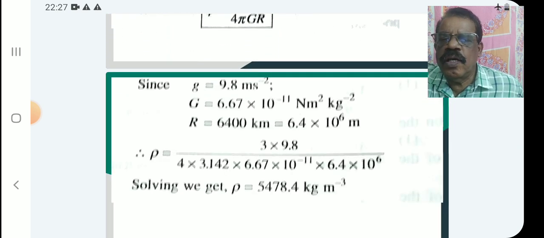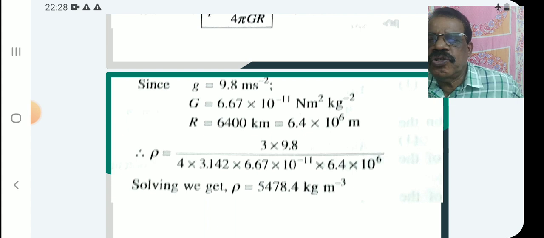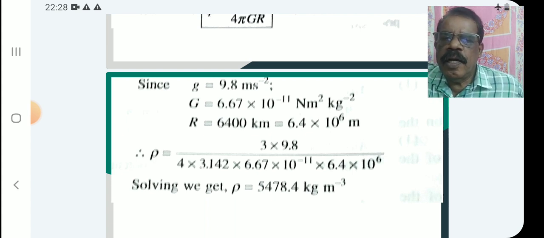Substitute the values given. The values given are g is 9.8 meter second raised to minus 2, capital G is 6.67 into 10 raised to minus 11 Newton meter square kg raised to minus 2, capital R is 6400 kilometer, that is 6.4 into 10 raised to 6 meter. Put the values.